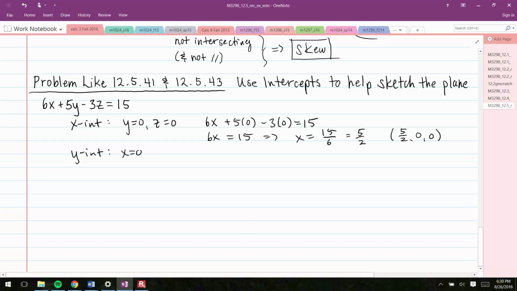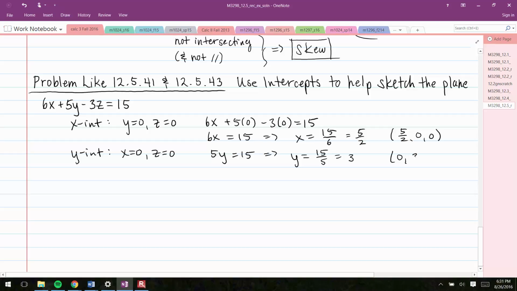x is going to be equal to 0 on this one, however, and then we let y vary and let z equal 0. So just looking up above at our equation of the plane, when we let x equal 0 and z equal 0, we're going to just have 5y on the left-hand side, and then do the algebra here. We're going to have 15 divided by 5, which is 3.